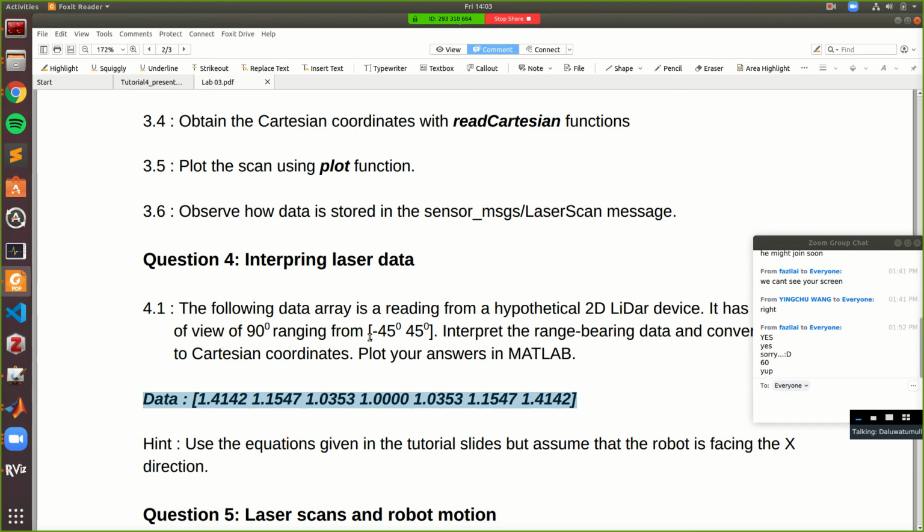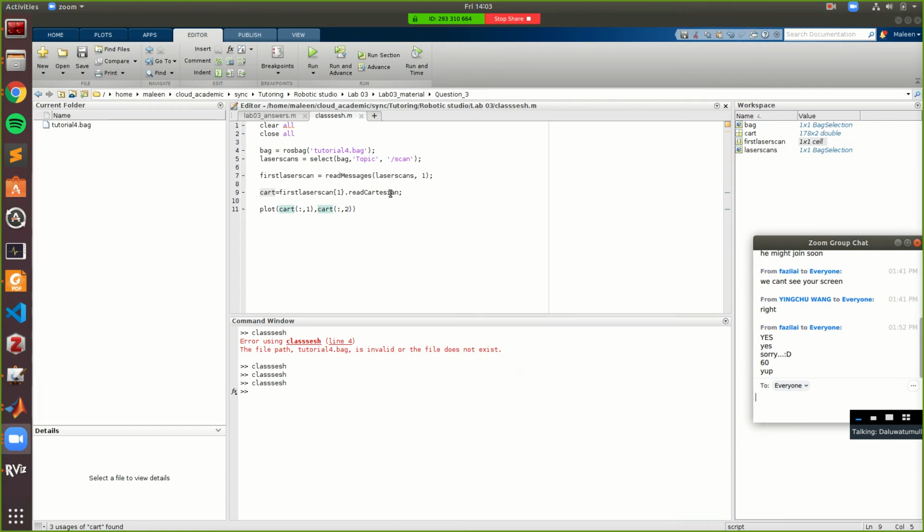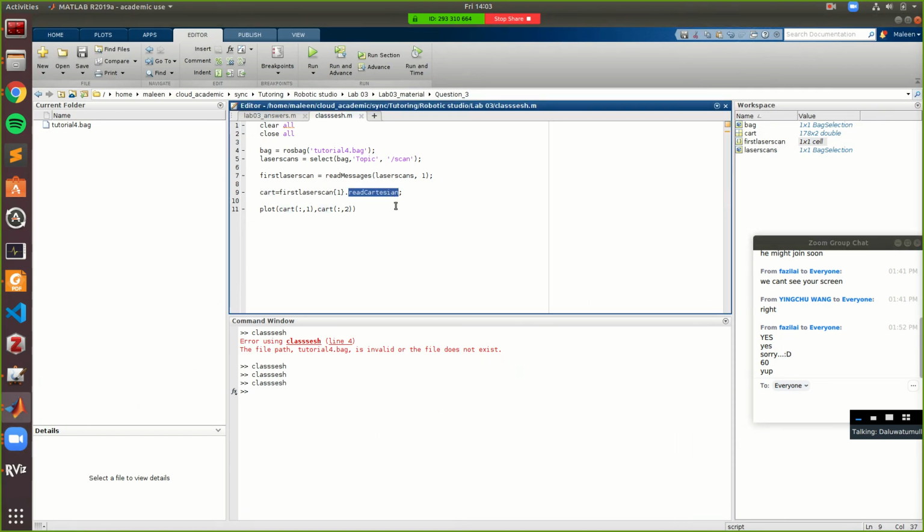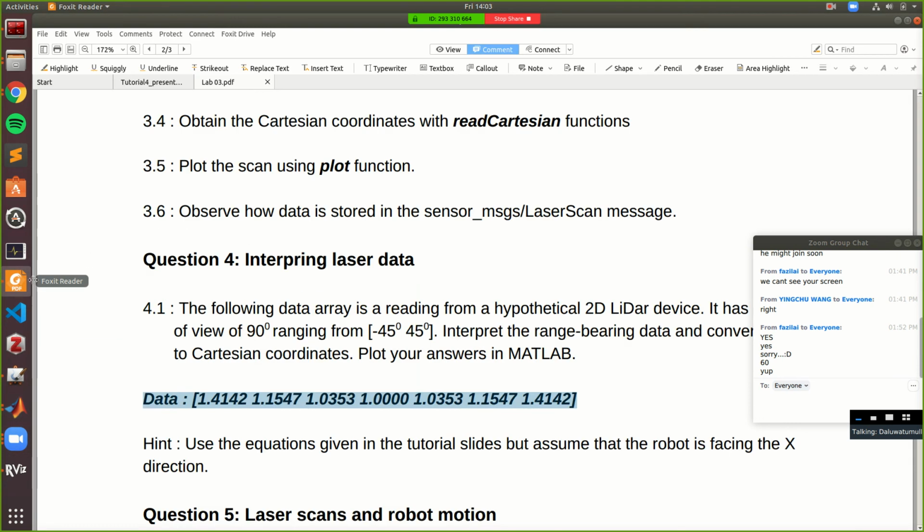And the angles range from -45 to +45. I've asked you to plot these, right? So you can't use the read Cartesian in that because you're not using a ROSBAG. You'll have to convert it into Cartesian space yourself, right? So I'll give you guys a few minutes to try out question number 4.